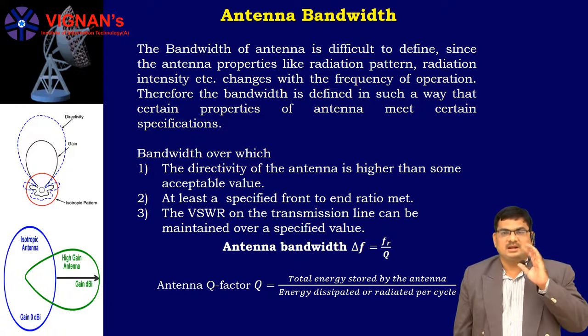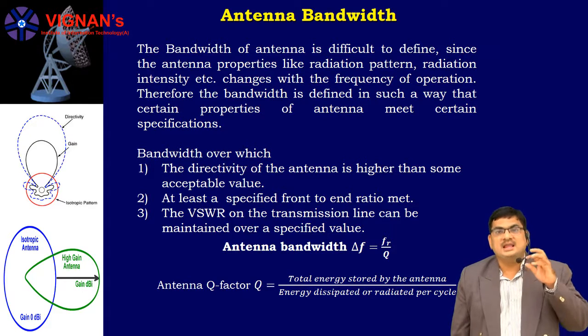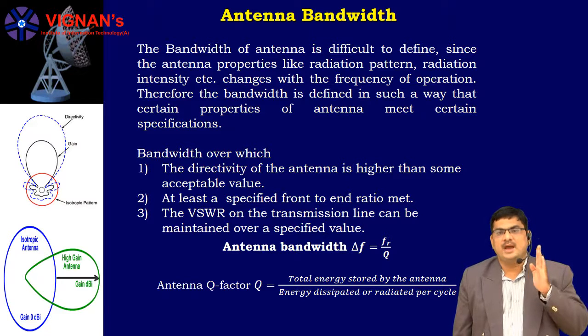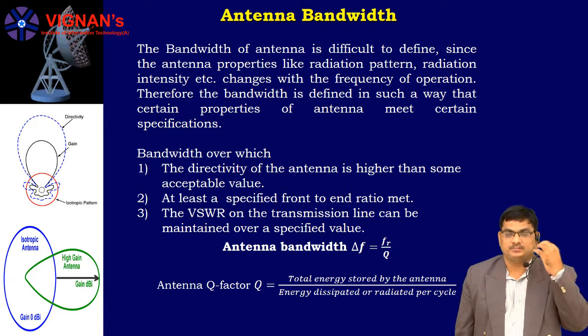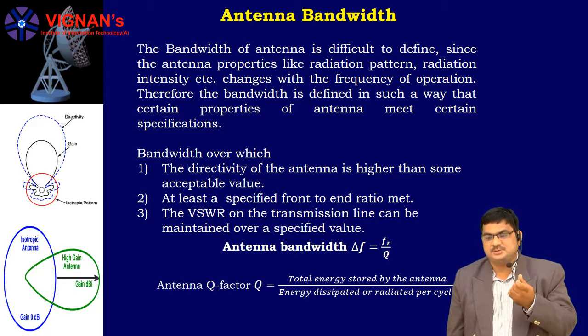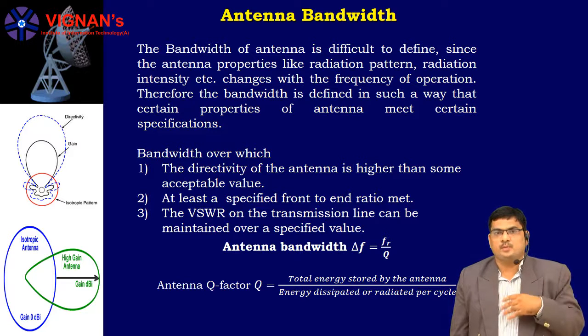That means your reflection coefficient must be small. If your reflection coefficient is high, then the incident wave and reflected wave get cancelled, and the radiation will be very low. So if you want good bandwidth, the voltage standing wave ratio should be less. And next, the VSWR of the transmission line maintains a specific value.